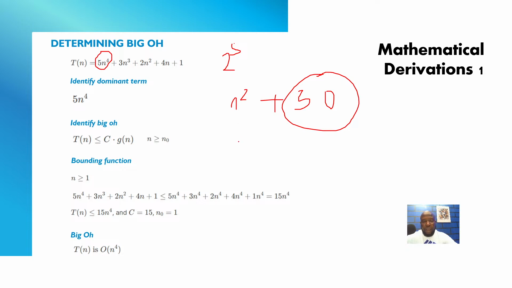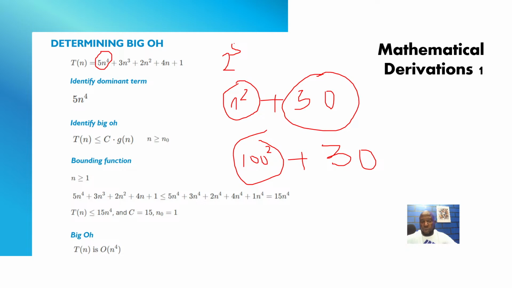So imagine we have n happens to be, let's say, 100 raised to power 2 plus 30. 30 is constant. 100 raised to power 2 is going to give you what? 10,000. So you can see that this one is growing far higher than this other one. So n raised to the power 2 plus 30 is the same thing as, or approximately equal to, n raised to the power 2. So the first thing is to identify the dominant term, which is 5n raised to the power 4.